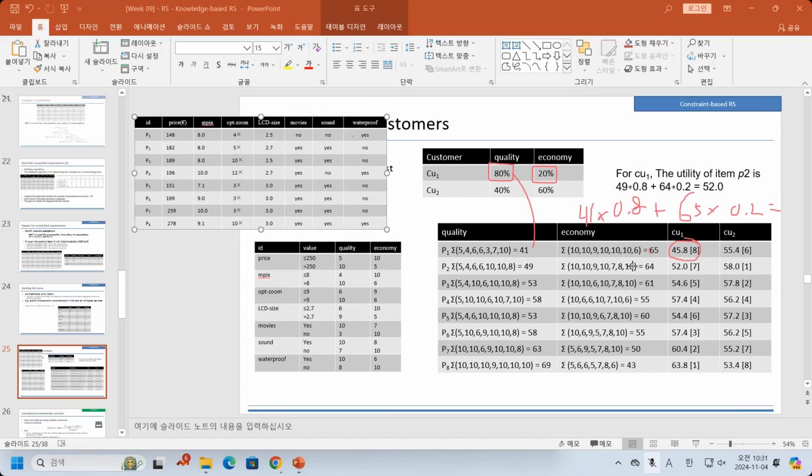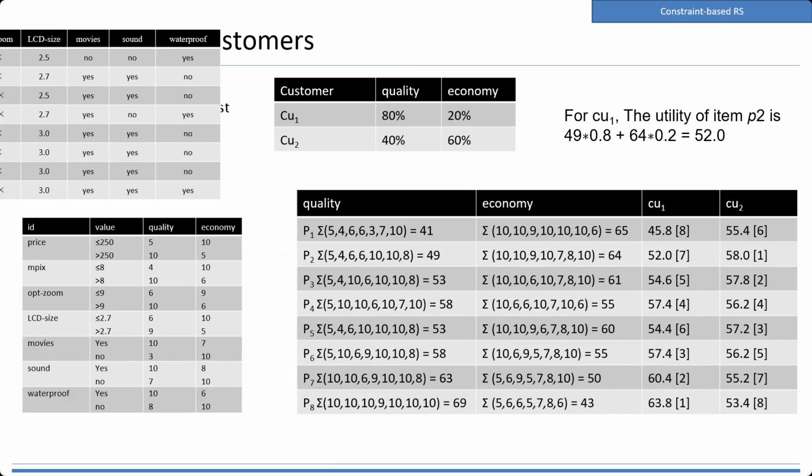After we have this number, you can calculate for P2, P3, P4, until you have the calculation for P8. After you have those numbers, then what will you do? Is to do the ranking. The higher value is the better, because as we know from this one, if the ranking is high, then it is good.